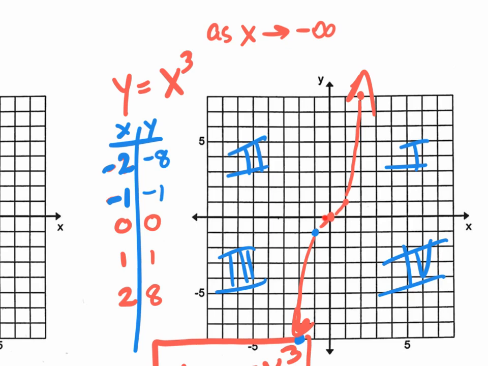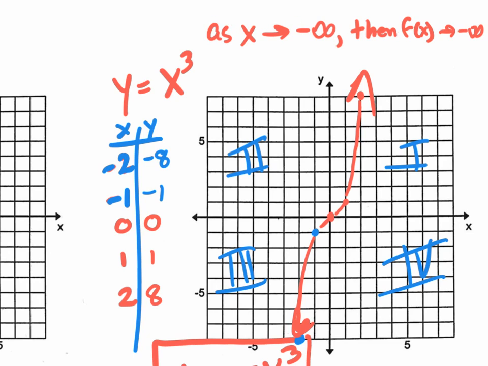As x approaches negative infinity, that's really saying as you look to the left, then f of x, the actual graph of this function, goes to negative infinity. As you go to the left, remember f of x is the same thing as y. Y goes to negative infinity. Y goes down. Does that make sense?